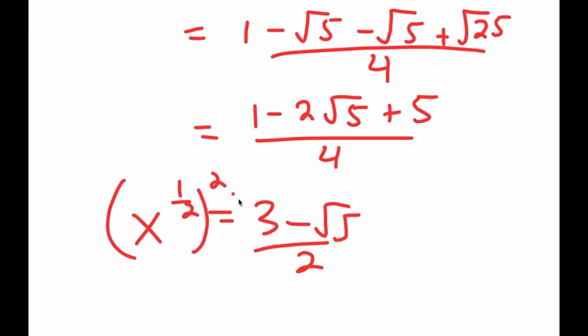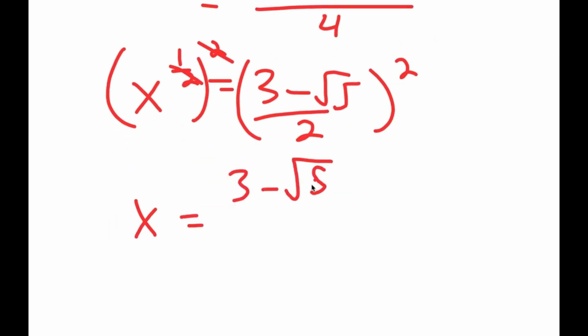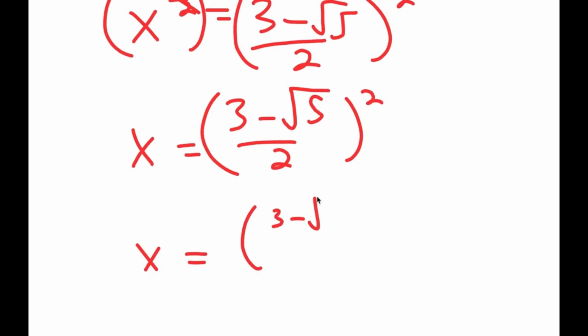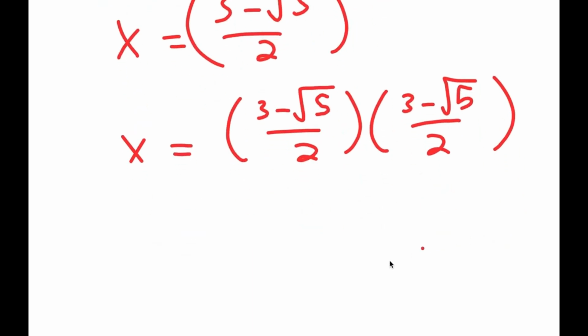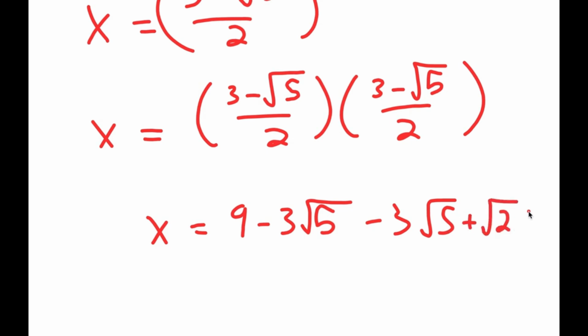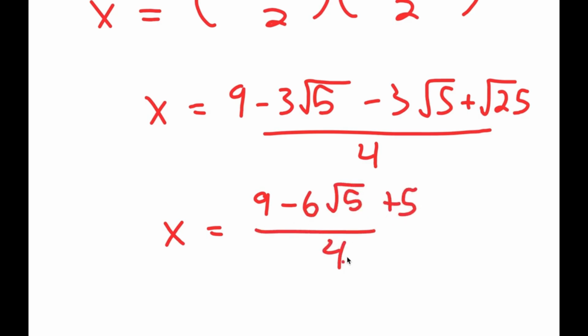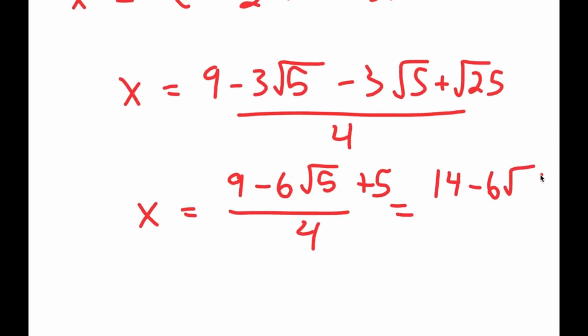And now, if I take the power of 2 on both sides, x to the power of 1/2 to the power of 2, these two cancel out, so I get x is equal to 3 minus the square root of 5 over 2 squared, which is again equal to 3 minus the square root of 5 over 2 times 3 minus the square root of 5 over 2, which is equal to 9 minus 3 root 5 minus 3 root 5 plus the square root of 25 over 4, which is equal to 9 minus 6 root 5 plus 5 over 4, which is equal to 14 minus 6 root 5 over 4.